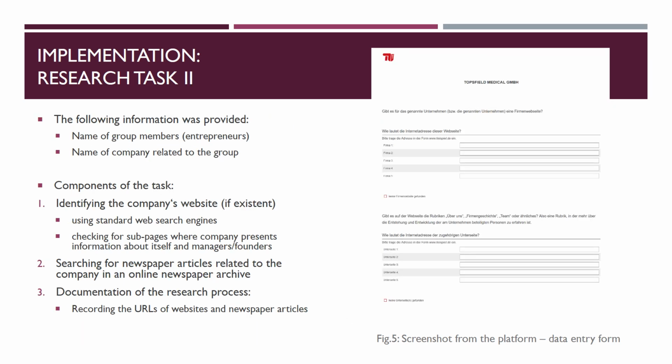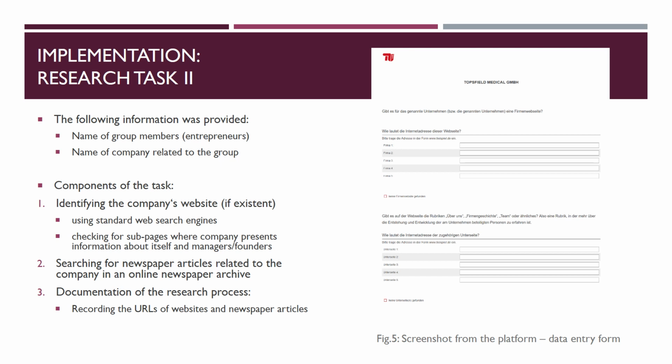In the task description, participants were provided with the following information taken from administrative register data: the names of the entrepreneurs, as well as the name of the company related to the group of entrepreneurs. The research task specifically entailed first identifying the respective company's website, if existent, using standard web search engines and checking for subpages where the company presents information about itself and the persons involved.